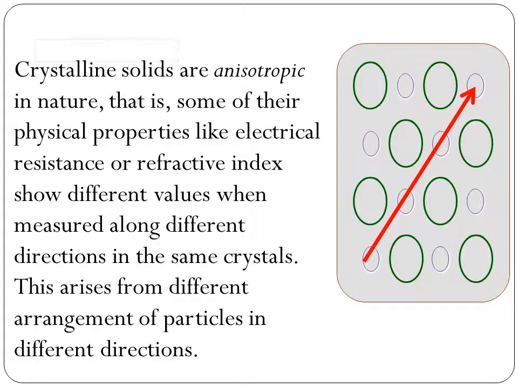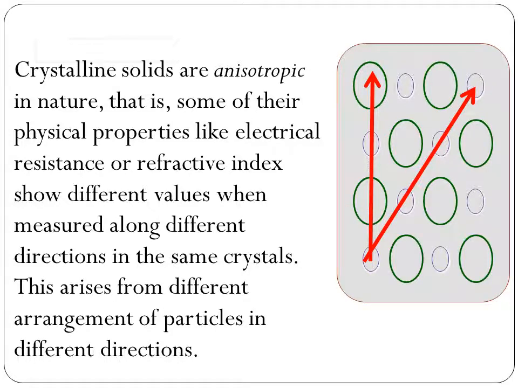When measured along this direction, you can see the same kind of particles arranged in this particular direction, whereas in this other direction different particles are arranged. Because of this reason, when physical properties are measured in different directions, it gives different values.